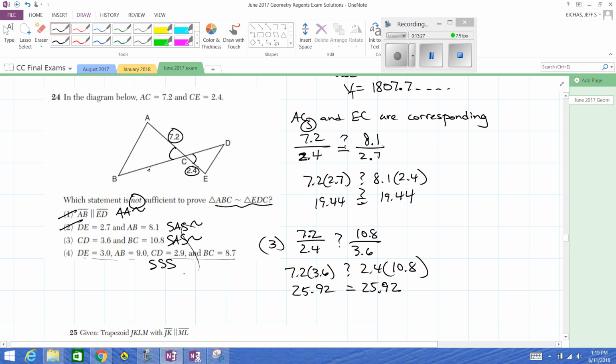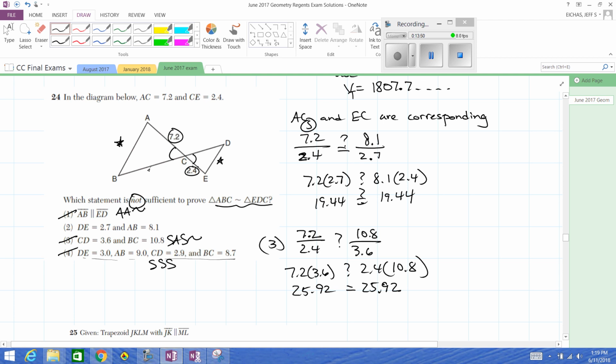Here's where I messed up a little bit, and I want to go back to 2. I almost eliminated that. It is not side angle side. Here's where I made the mistake. And be careful of this, okay? It is not going to quite be sufficient because DE is over here and AB is right there.